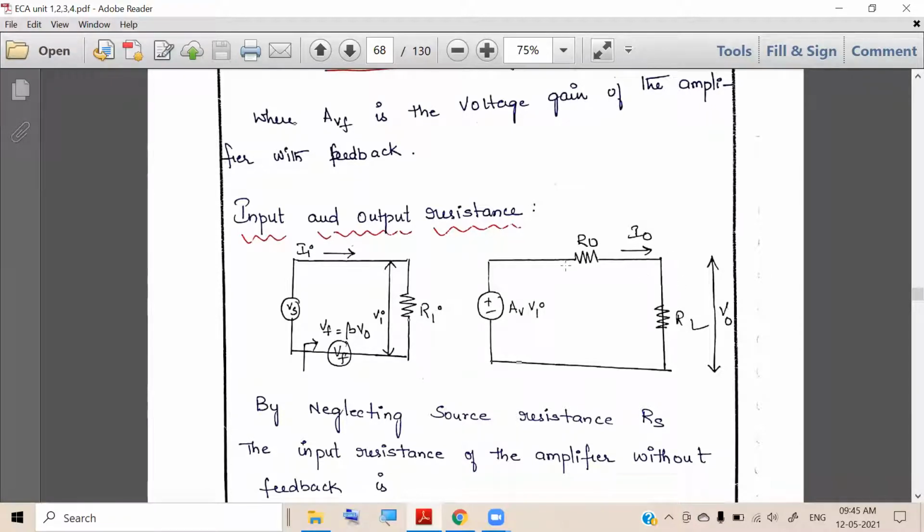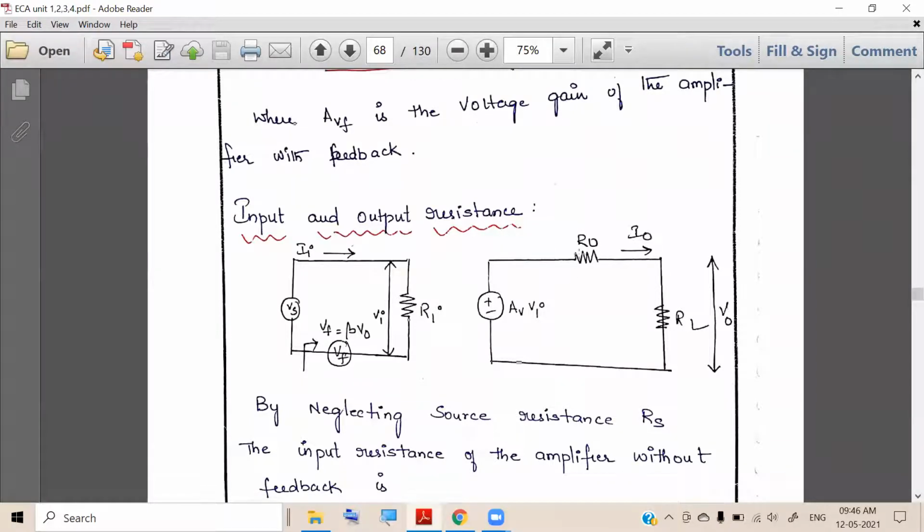So V naught will be I naught R naught plus A_V V_i. Here V naught will be I naught into R naught. I said we should now consider I naught towards left. In any unit, it is the same: only for finding the output resistance do we take I naught flowing right to left.